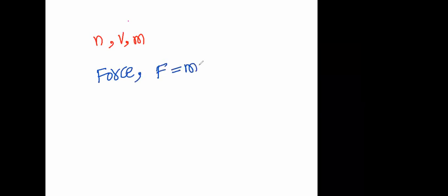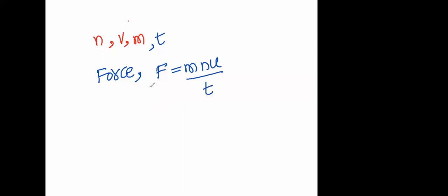Okay. Let us suppose n bullets are fired from a gun, each with velocity v, and the mass of each bullet is m. Then the force required to hold the gun is F is equal to mnv. In the time period t seconds, F is equal to mnv divided by t.